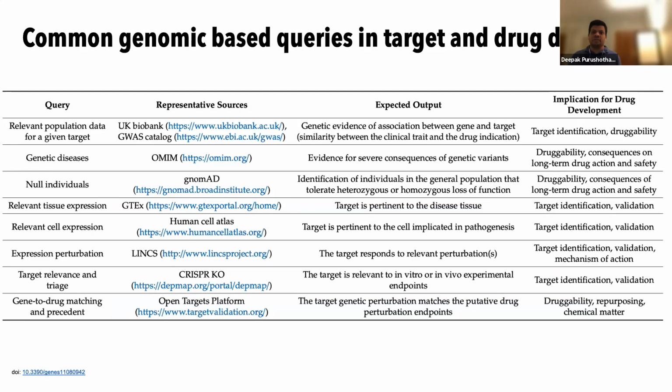So the use of genomics in drug discovery is not new. Genomic data is routinely impacting target identification and drug development. This table describes the common queries and the representative sources that came out of those efforts, in the form of publicly available resources that anyone can query as they proceed through the different stages of drug discovery.